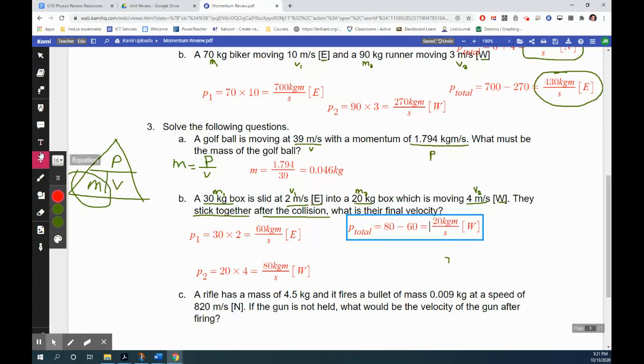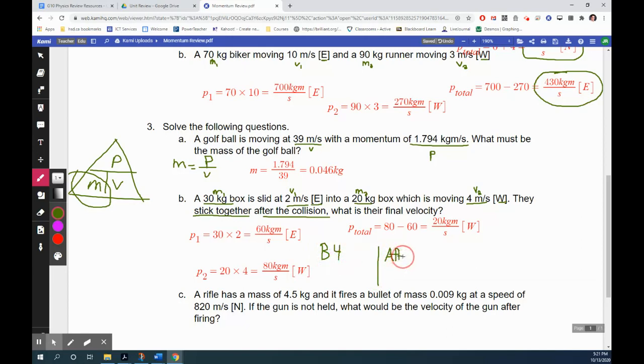And so I'm going to say this is before the collision, and this is after the collision. Before the collision, after the collision. Notice that this total is tying them both together. Before we've got a total of 20, and after we've got a total of 20 kilogram meters per second.